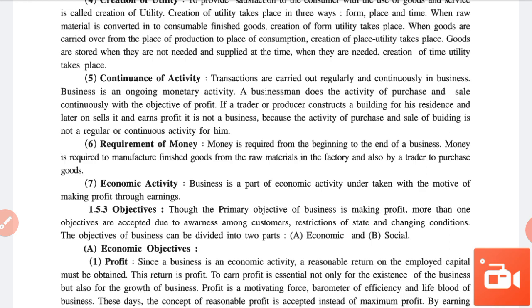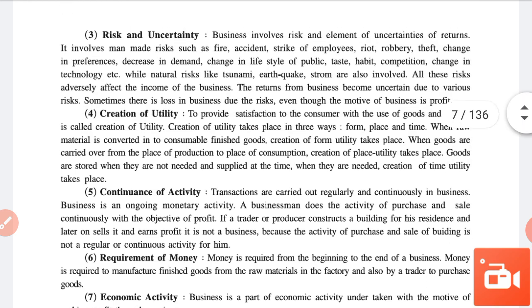Then economic activity. Business is a part of economic activity undertaken with the motive of making profit through earnings. Right? The business motive is profit making, and profit making is ultimately the objective of economic activity. So business is called economic activity. Here we complete the characteristics of business.